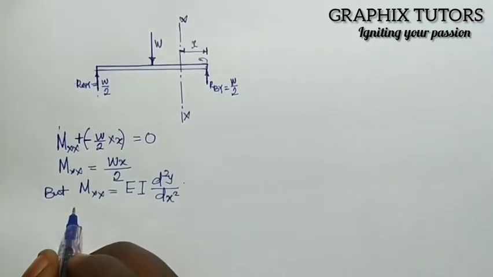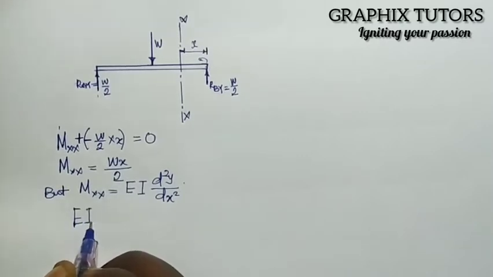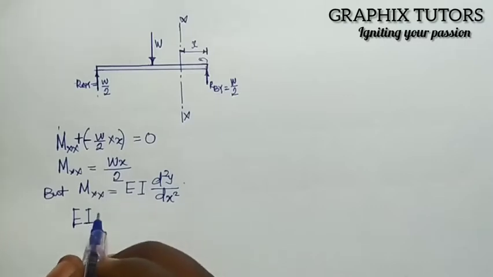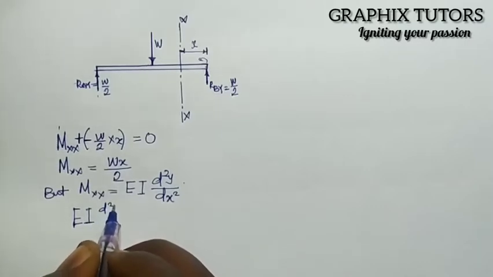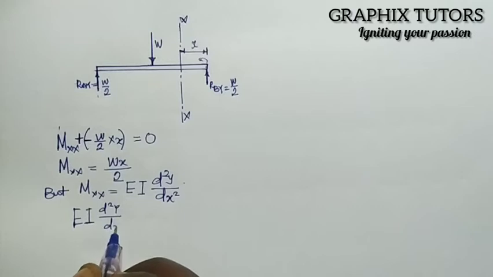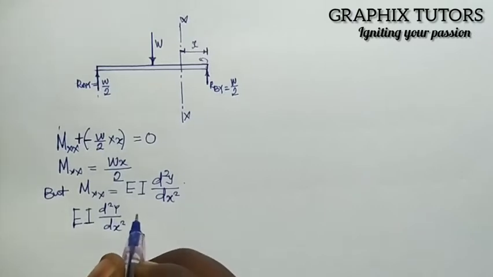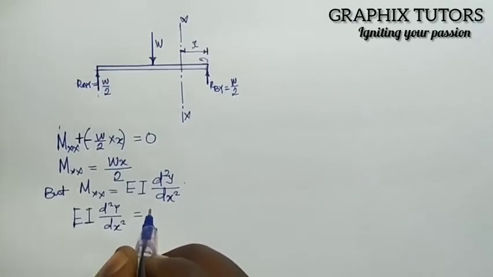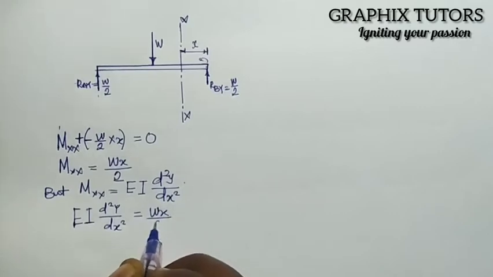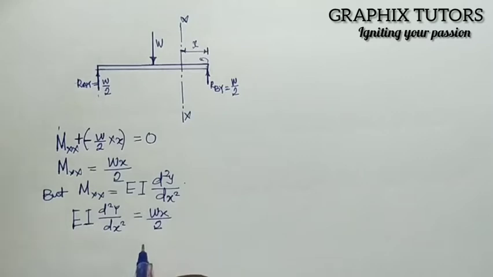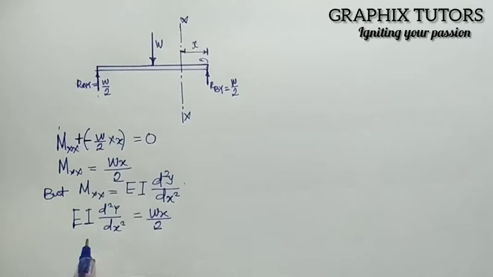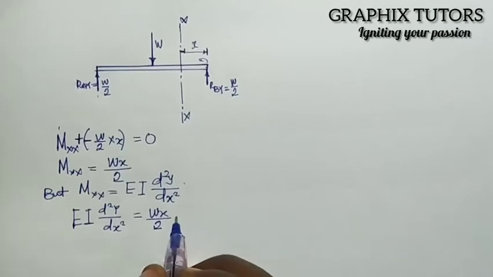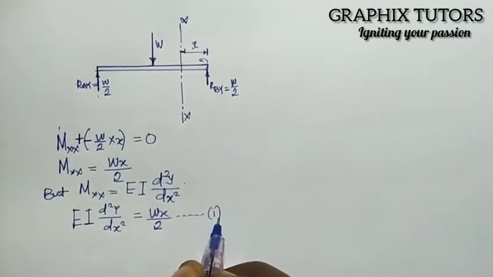So we have EI d squared y over dx squared equals WX all over 2. Now I am going to call this my equation 1.